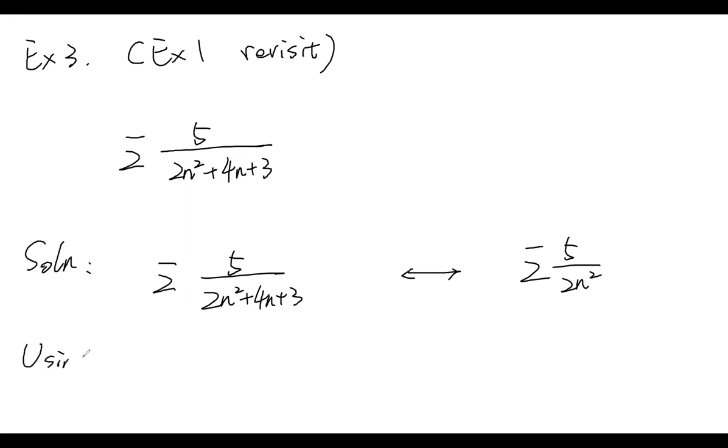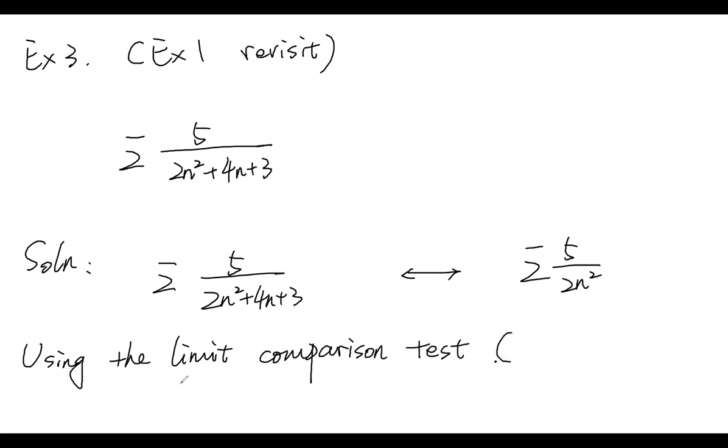Using the limit comparison test, or for future use, I would just call this LCT, the abbreviation of the limit comparison test. Then in order to use the limit comparison test, we need to calculate the limit of the ratio.